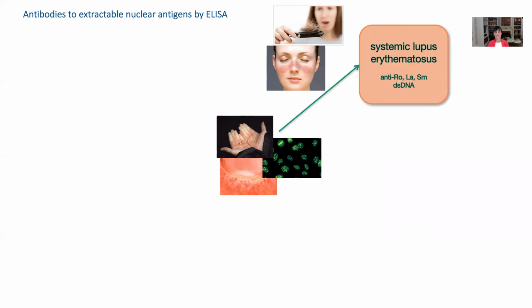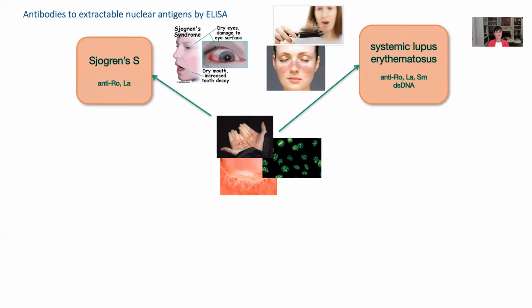So, for example, in SLE, in addition to polyarthritis, there may be increased hair fall, the malar rash across the face, and the antibodies to Ro, La, Smith, and double-stranded DNA. Sjogren syndrome is associated with dry eyes and dry mouth, and antibodies to Ro and La.